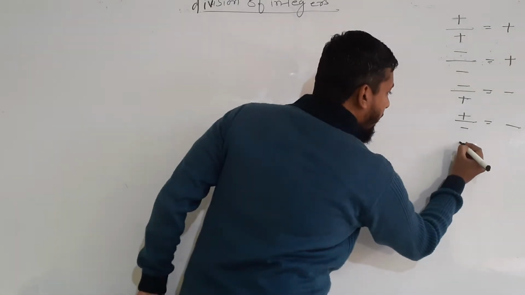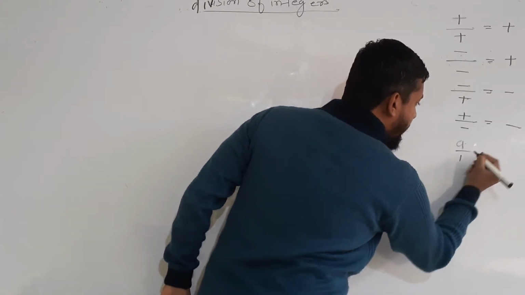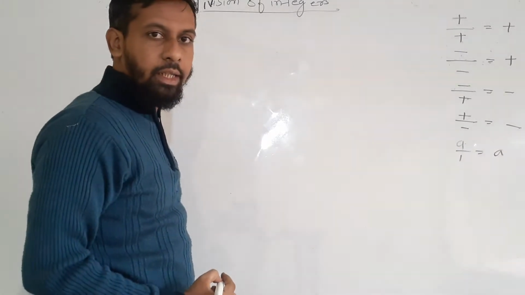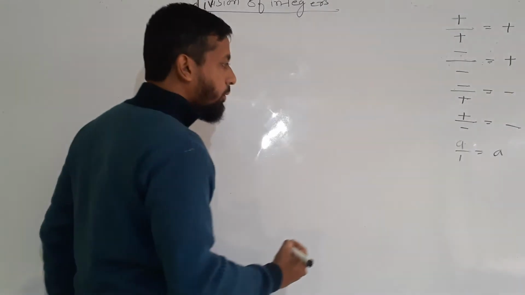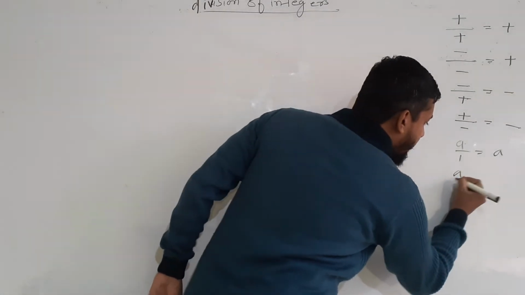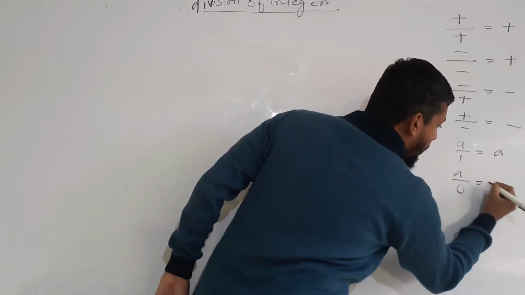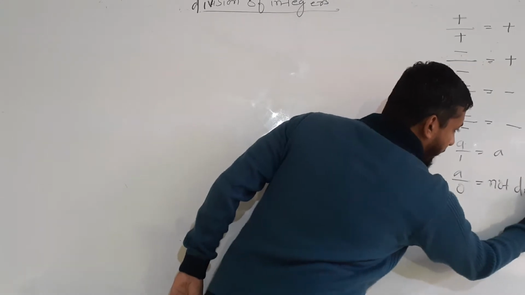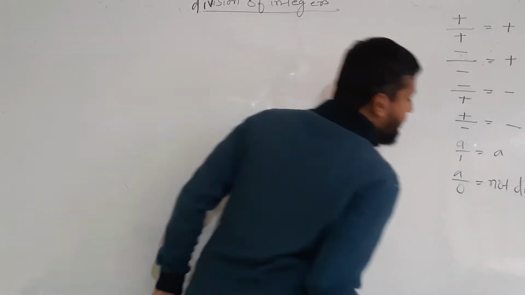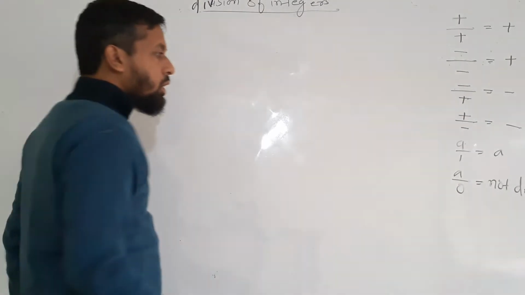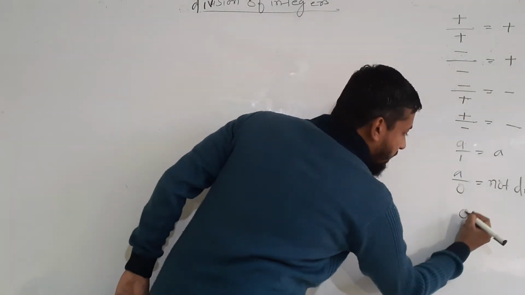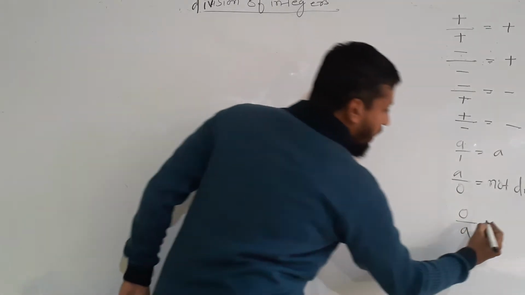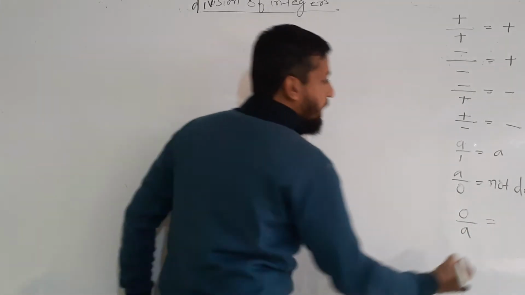Keep in mind, anything divided by 1 is anything. Anything divided by 0 is not defined. 0 divided by anything is 0.